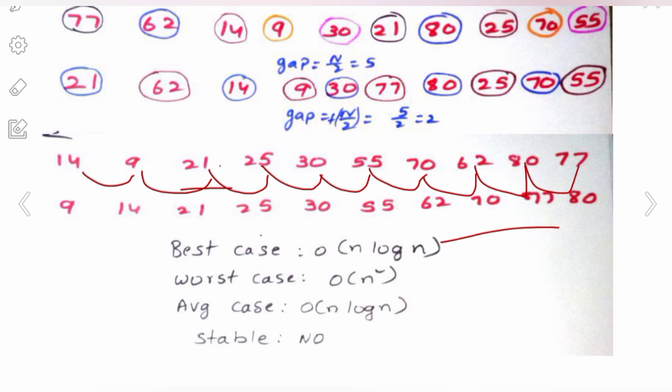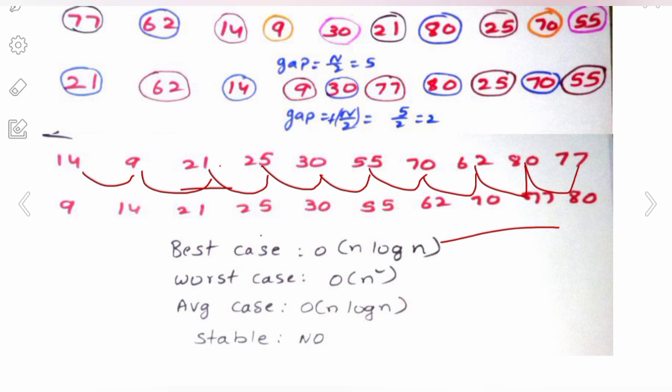There are different ways to find the gap sequence for shell sort. That is Shell's original sequence, gap equals n by 2. So this is the original sequence. And Knuth's increment, Sedgwick's increment, Hibbard's increment, Papernov and Pratt increments. These are some of the different types of sequences that we can use for shell sort.